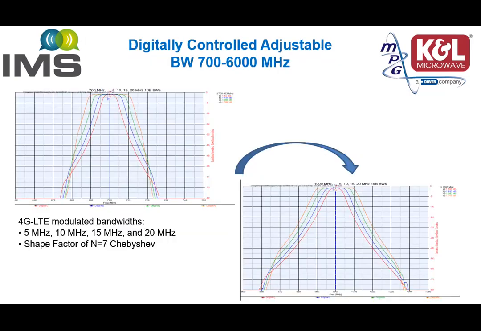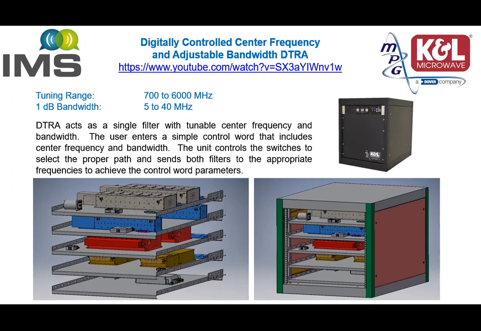The following unit is a very interesting one. It's a digitally controlled adjustable bandwidth filter. It can change the bandwidth and it can change the frequency of operation. From 700 to 6000 MHz, this is a digitally controlled bandpass filter. The unit is shown on the top right.